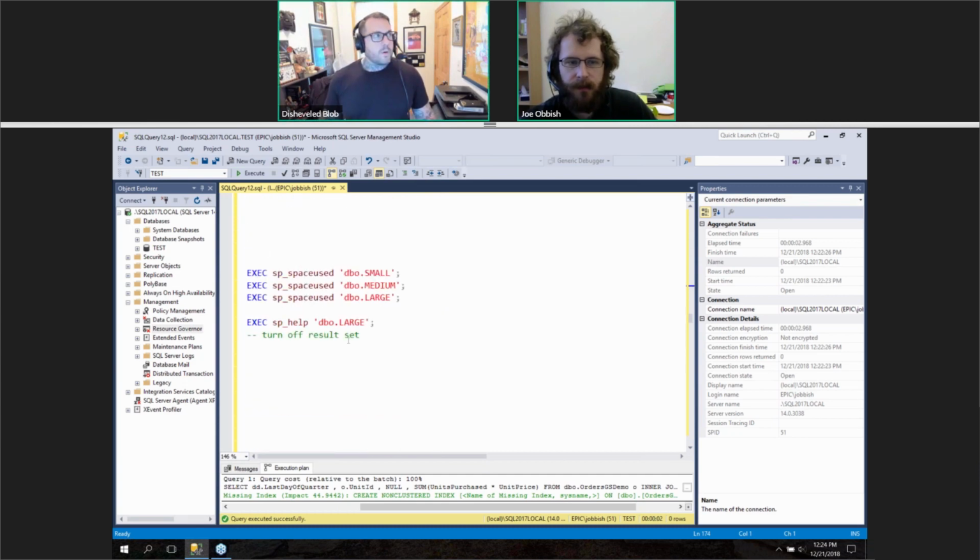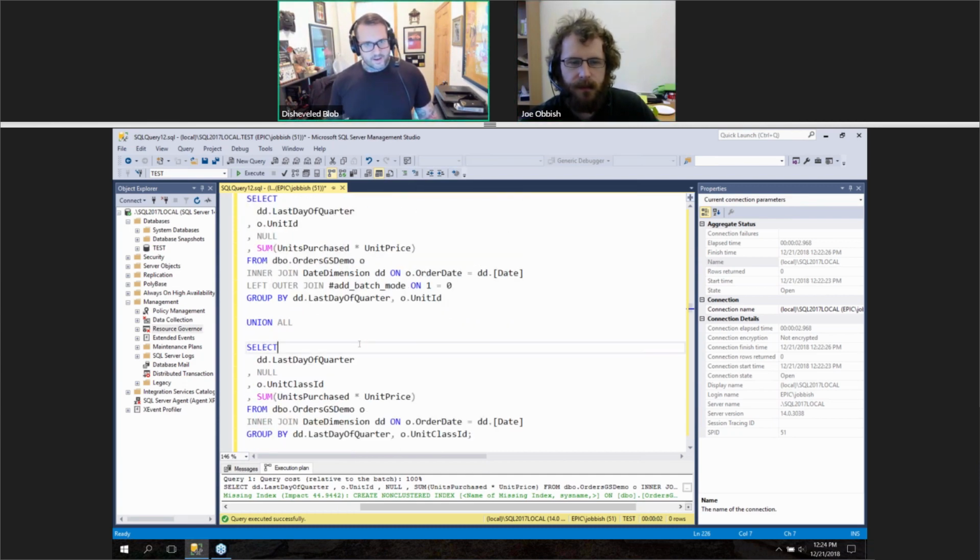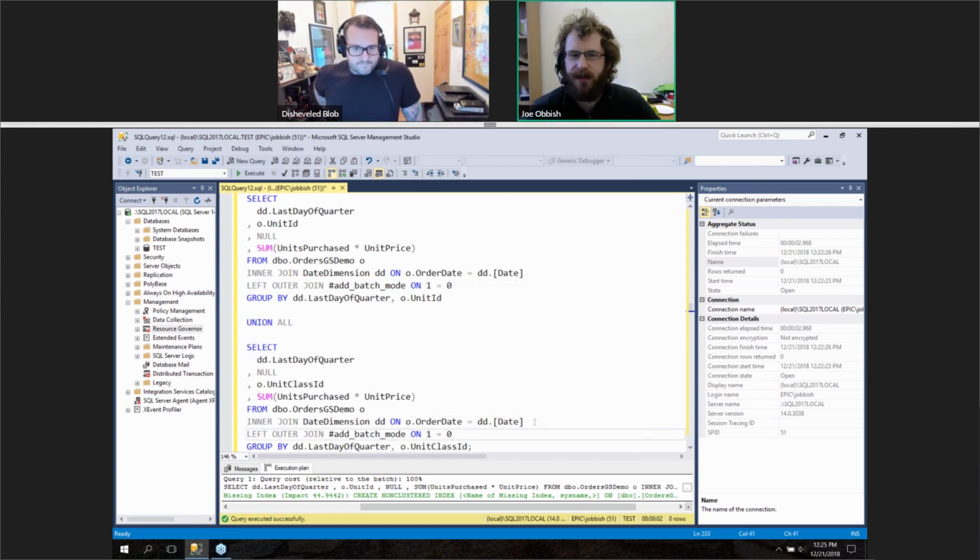Right. No essential parts of the second query were in batch mode. In other words, that one temp table being present allowed any operators that could be in batch mode to be in batch mode for the entire query, not just for that part of the query. Yeah. So I could add this if I wanted to, but that wouldn't make a difference here. But that's something I could do. If it would make you feel better.